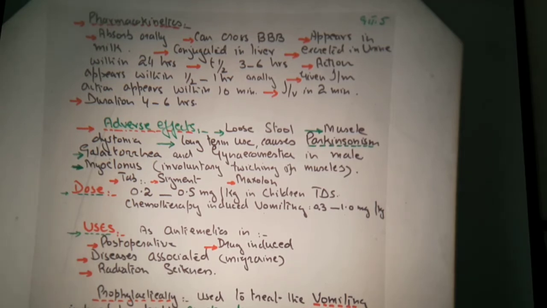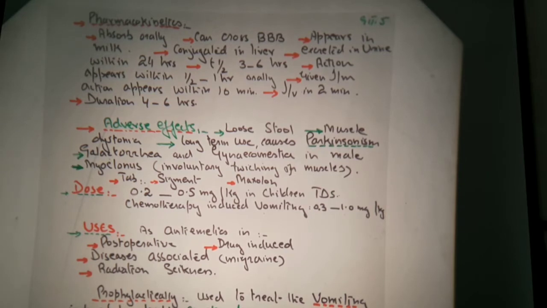Now the adverse effects of neuroleptic drugs: loose stool and muscle dystonia. Again, we have discussed this dystonia of the muscles. Long-term use causes Parkinsonism.